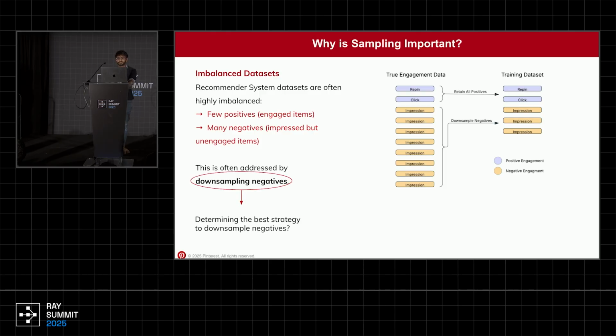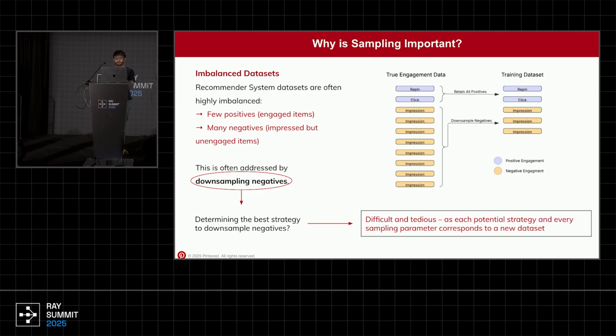But what is the best strategy to downsample negatives? What should the downsampling ratio be? Should we perform some sort of post hoc weighting on the impressions that we finally sample? Should the sampling be random, or should it be smart, in the sense that we decide what fraction of hard and easy examples to sample? All of these are open questions, and they're independent levers that we can move around to get the best engagement.